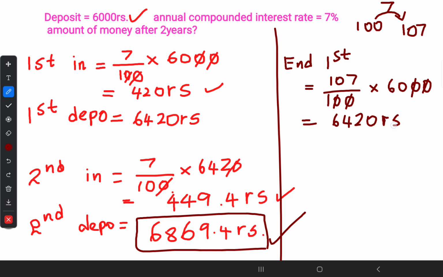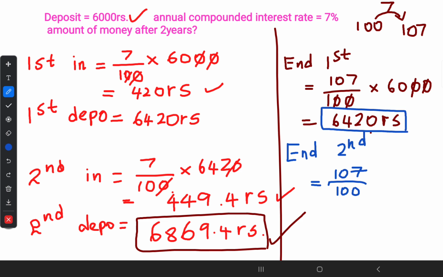Directly we found that at the end of first year I will have this amount of money in my bank. Likewise, we will continue the work. At the end of second year, how much will I have? The percentage doesn't change. So 107 over 100, that is correct. So at the end of first year, this is the amount in my bank.